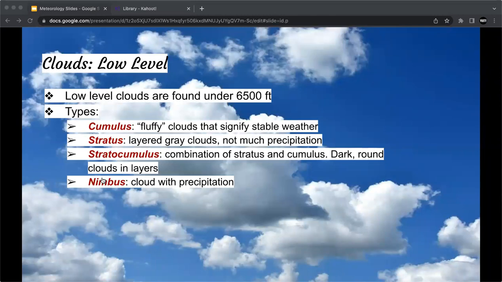They look gray, but there's not too much precipitation. We have stratocumulus, which is a combination of stratus and cumulus. And we also have nimbus clouds. Nimbus in Latin, I think, means rain or rainstorm, so these are clouds that have precipitation.